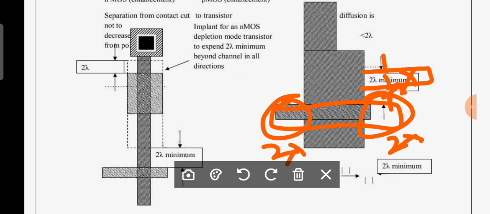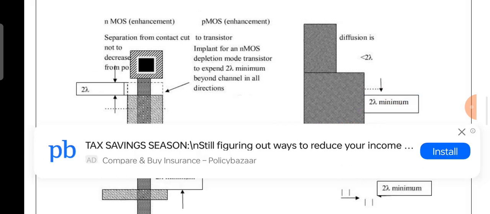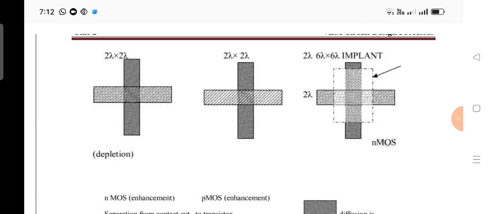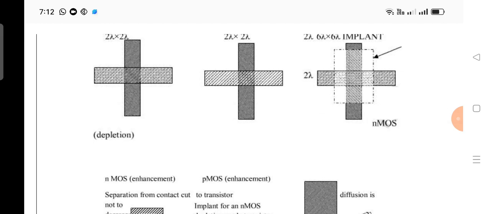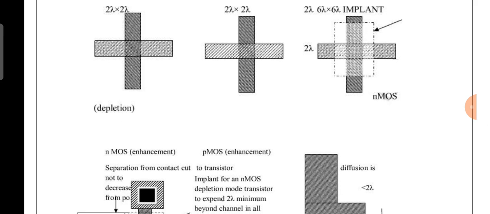You can observe how many rules we have seen. The first one is that when poly comes over diffusion, there is a transistor. The minimum size of the transistor is 2 lambda by 2 lambda. To separate an enhancement mode transistor from a depletion mode transistor, we use an implant. The minimum size of an implant is 6 lambda by 6 lambda.